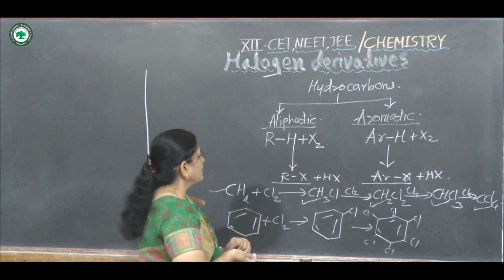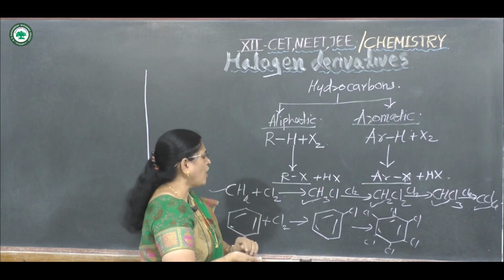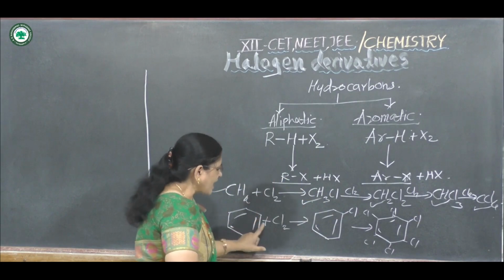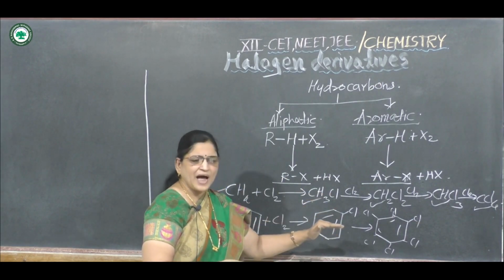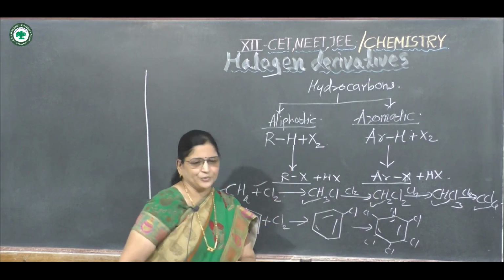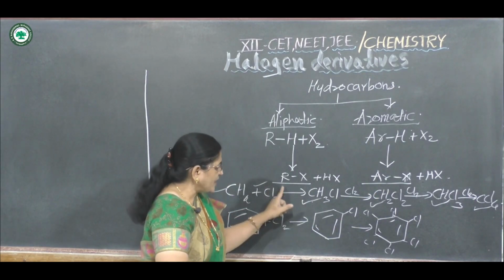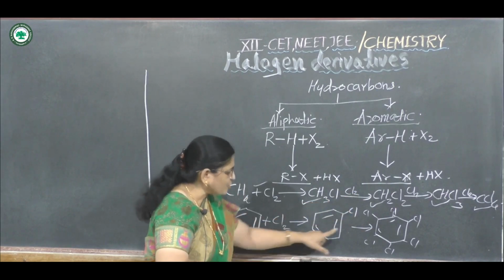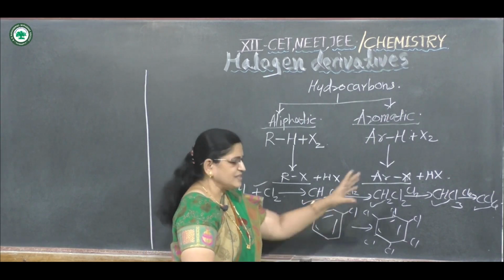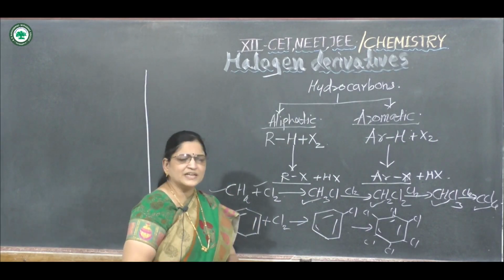It is defined as: when one or more hydrogen atoms of aliphatic hydrocarbons or aromatic hydrocarbons are replaced by a corresponding number of halogen atoms, they are called halogen derivatives. This is about the definition of halogen derivatives.